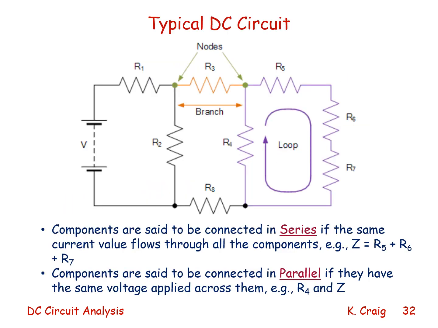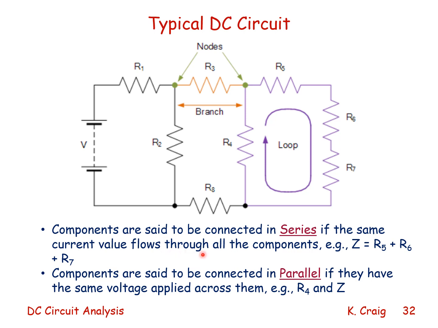Here's a typical DC circuit. We have all resistances, but remember these resistances can be replaced by impedances of resistors, capacitors, or inductors. Here we see nodes, branches, and loops.